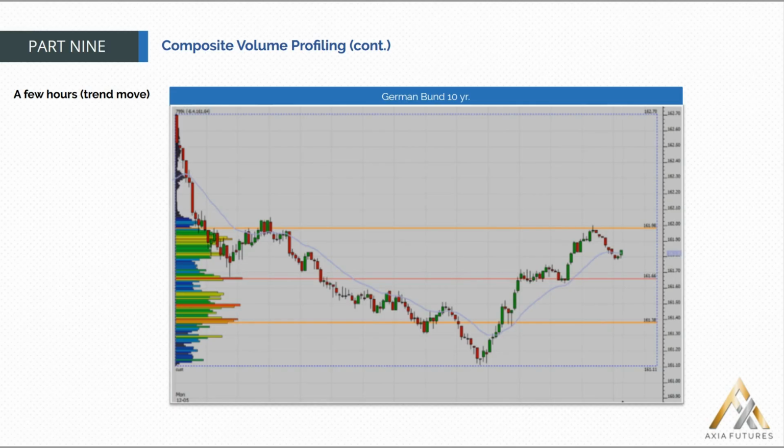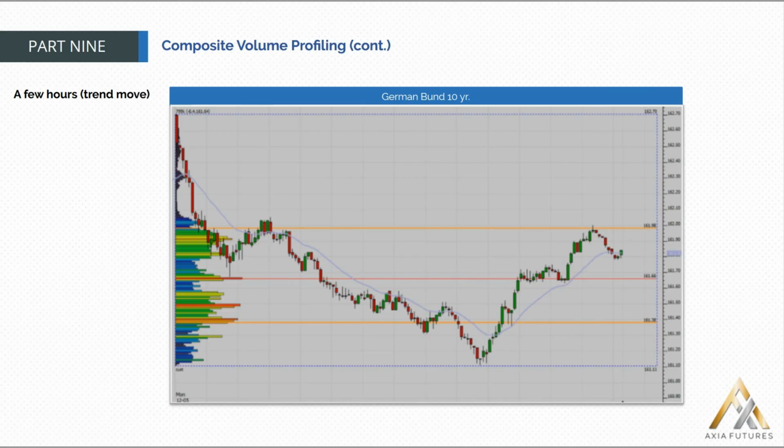Remember what we spoke about in Module 1 and 2 when we spoke about initiative versus responsive. And we said that when there's initiative, there tends to be a natural bias towards one side of the market. In this example, that natural bias is towards the downside. Now again, as you'll see with the composite profile, it helps me to, one, determine where the good trade location is, which is ahead of the area of low trade, where that first orange line is.